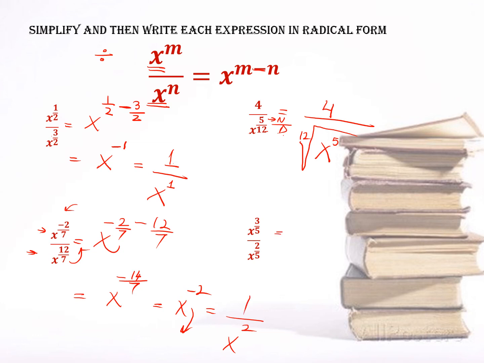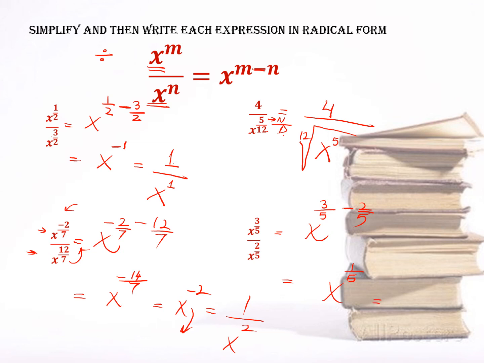Solve one more question. x to the power 3 over 5 divided by x to the power 2 over 5. So what are you going to do? You are going to subtract the power which is written in the bottom, 2 over 5, from the top one. So now what you will write? 3 over 5 minus 2 over 5 will give you 1 over 5.